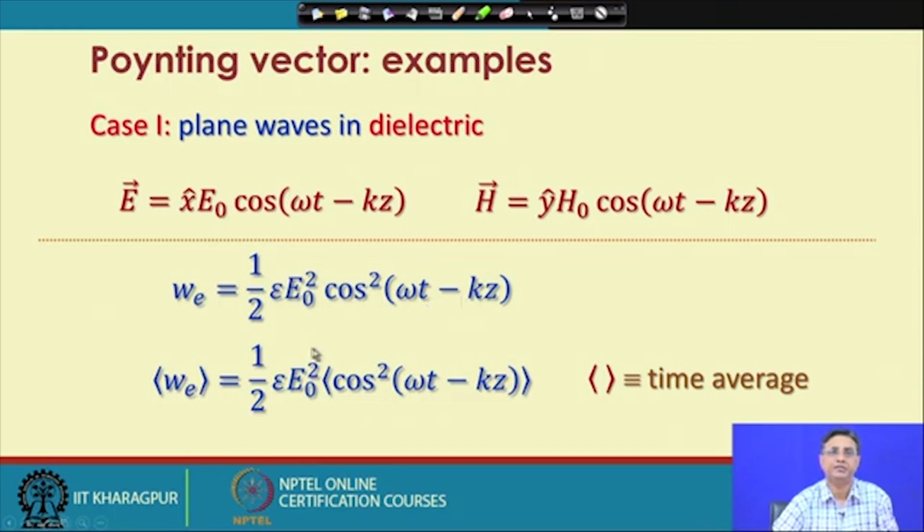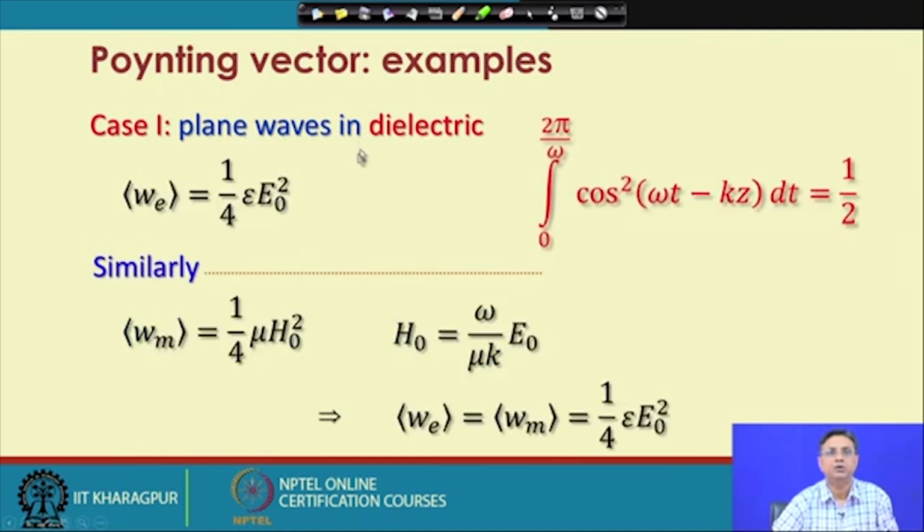If I take the time average of this, that is the integral over a complete cycle, from 0 to 2 pi by omega, it will give you the value half, and you already have half.